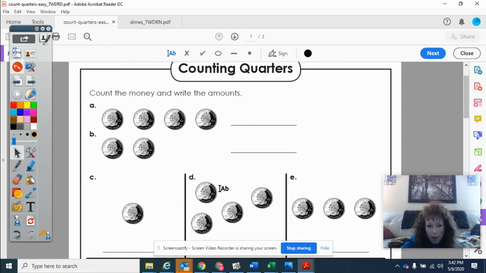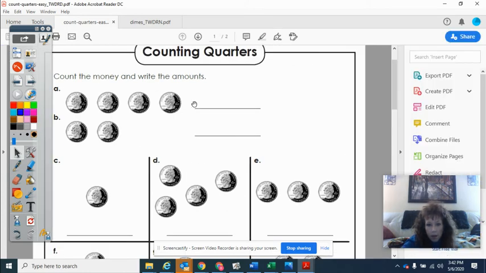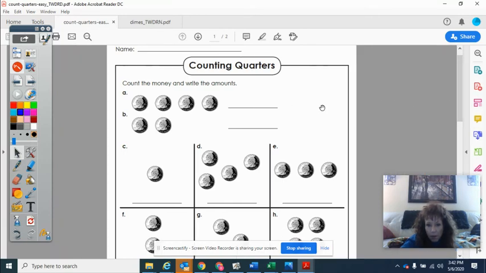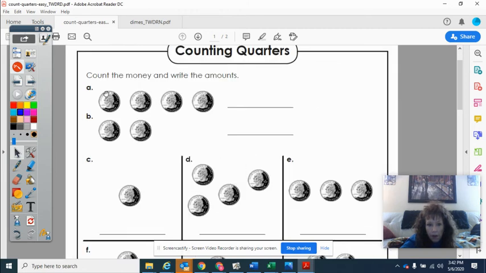I think that this is A, these 4 quarters, this is B, and then C. The way it's set up, it's a little bit confusing. So we're going to count by 25s. Let me move this over.